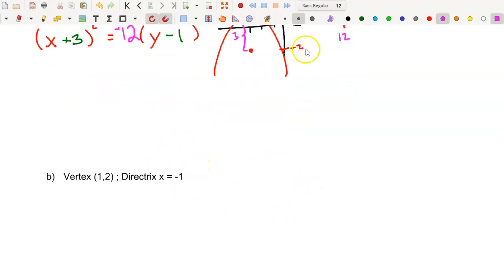All right, so one more, then you guys got plenty of time to do some work on your own. So we got directrix of x = -1, vertex of 1, 2. Okay.